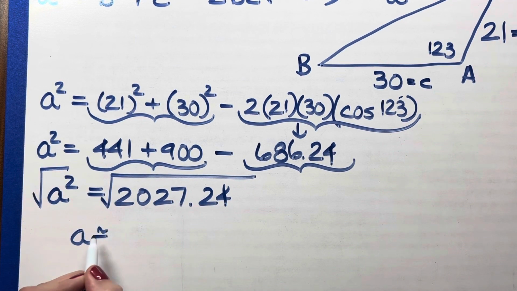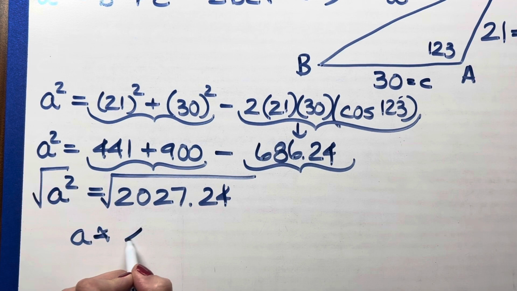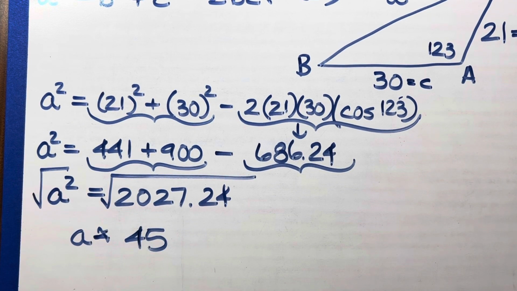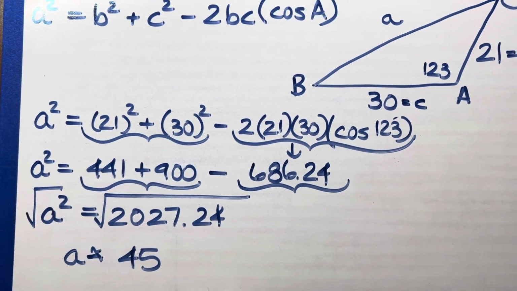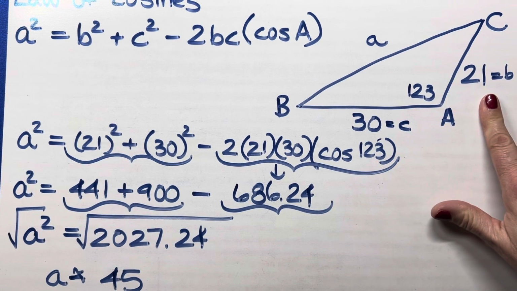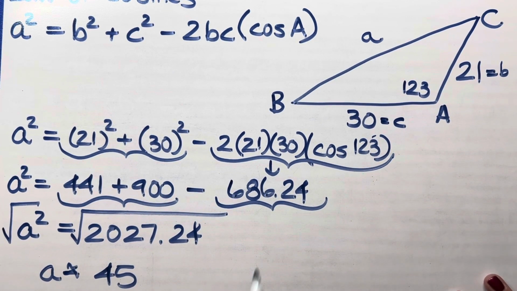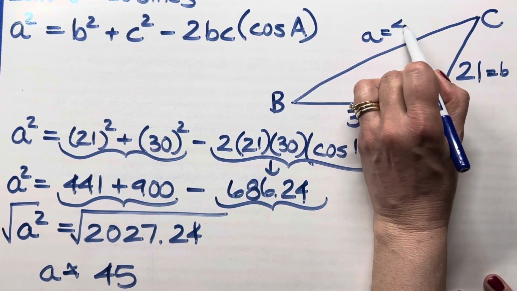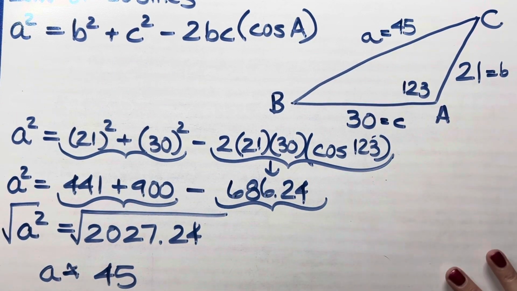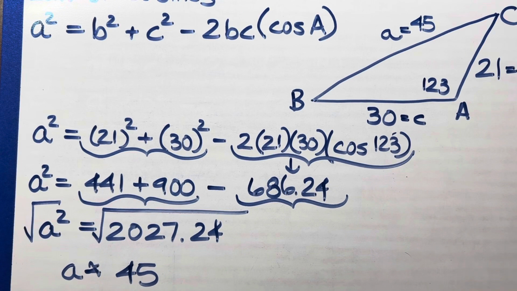So a would be approximately 45. I think we'll round to the nearest integer because our given values here were integer values. So over here, side A is 45, and I have found that one missing side that I wanted.